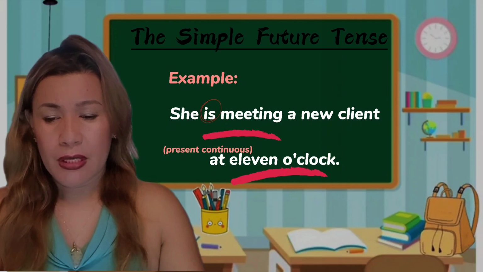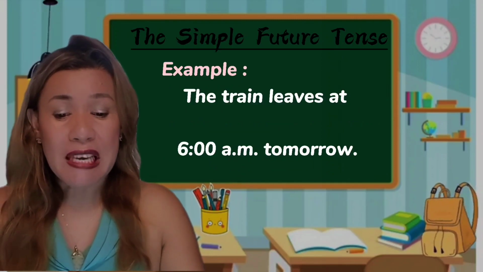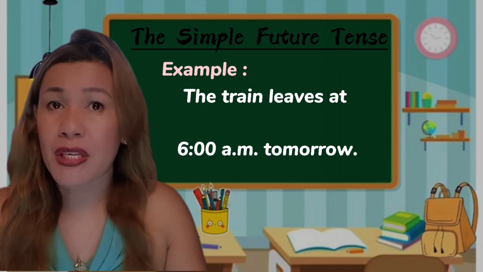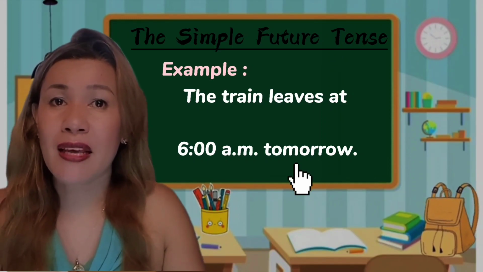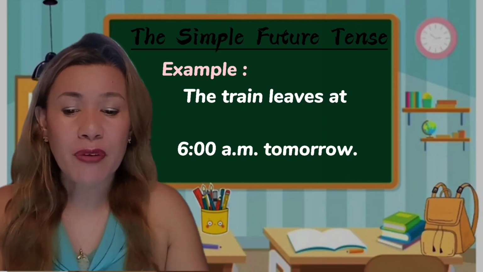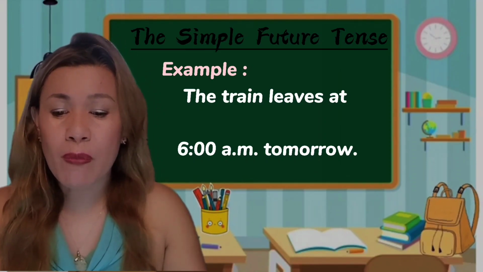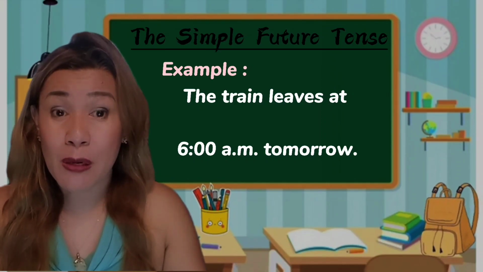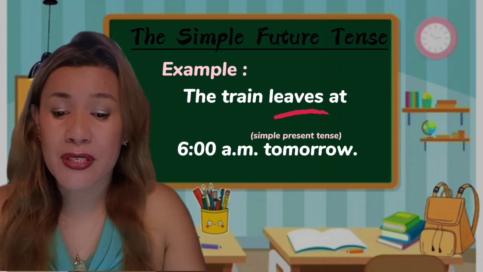Okay. Second example. The train leaves at 6 in the morning tomorrow. You have the time indicator tomorrow indicating that the action is yet to happen. So we have the verb. If we look at the verb, the form of the verb is in simple present tense, leaves.